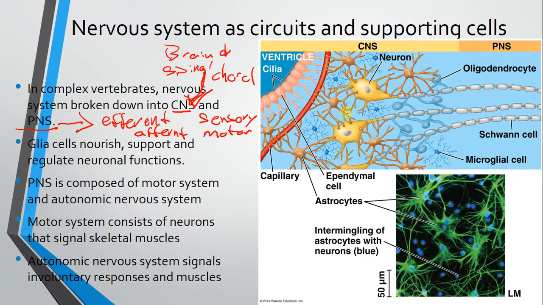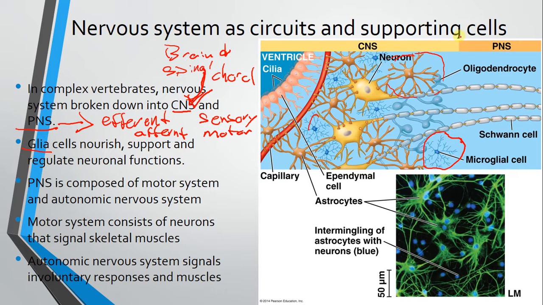But regardless, neurons aren't just hanging out there by themselves. They have a supporting cast, and one of them is called glial cells. And they are, in this diagram, represented by brown and these blue snowflakey things, and what they do is nourish and support the neurons and regulate their functions, and they're very important, microglia especially, in the development of neurons.